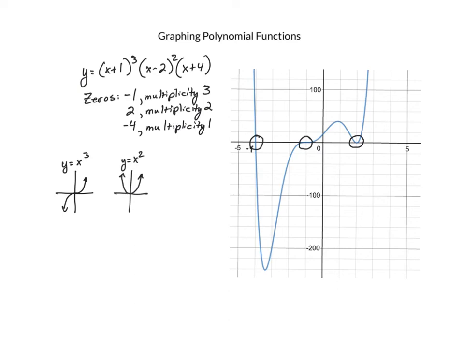And by the way, right here at 2, the multiplicity was 2. So it kind of looked like a parabola. If the multiplicity had been a bigger number, like 4 or 6 or 8, it would have flattened out more as those power functions do. So we're going to keep that in mind when we graph our next one.